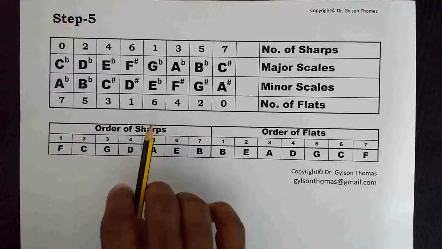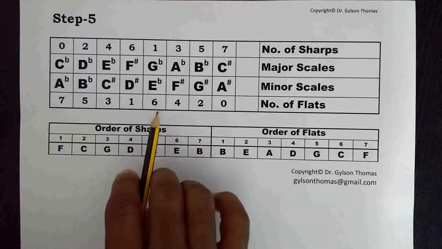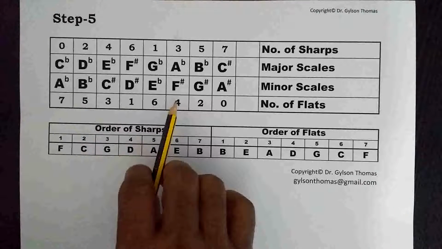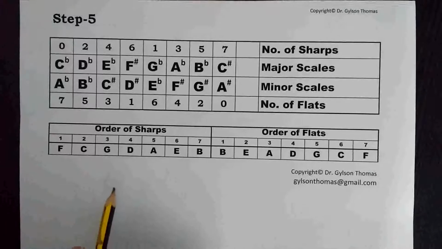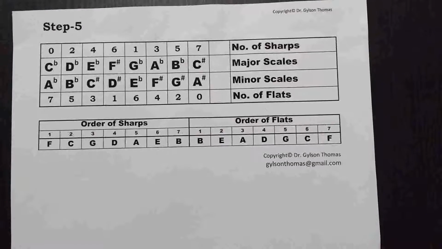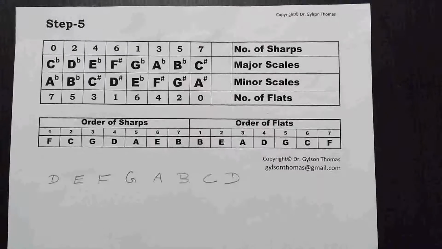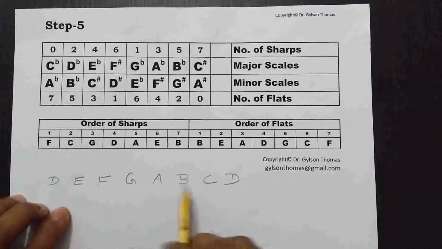So from this lookup table, at a glance we can generate musical scales and the respective chords. Suppose we want to generate D major scale from this lookup table. So this is the pattern of D scales.